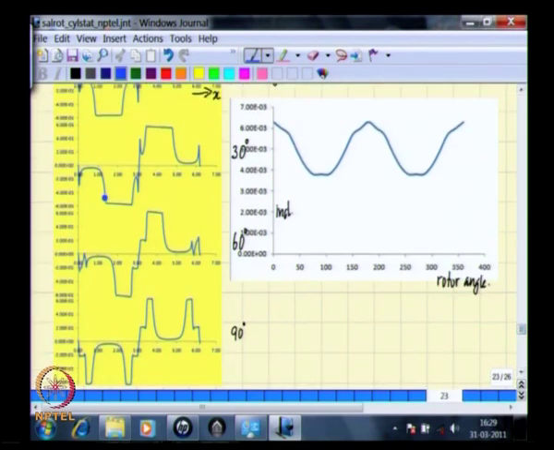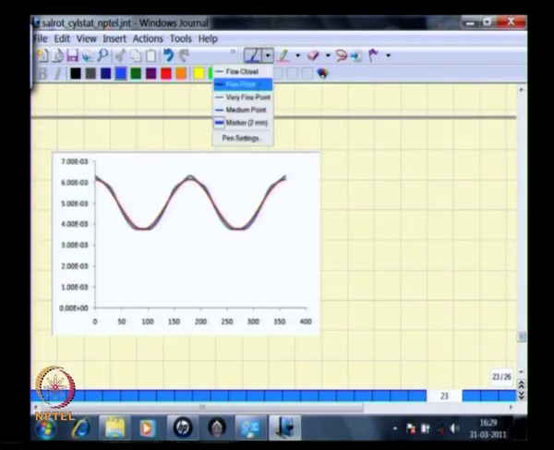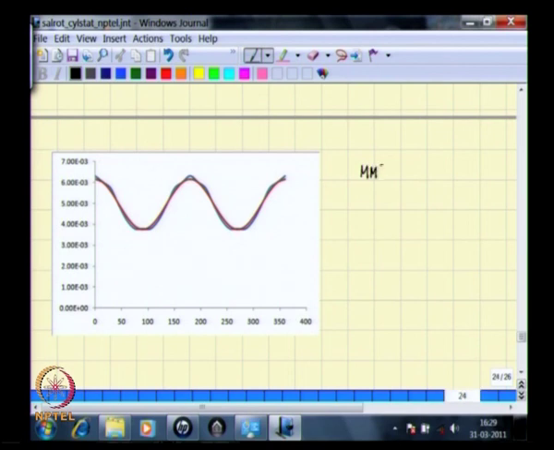Instead of looking at the flux density waveform, we start with the MMF waveform generated by the stator, generated by stator windings. For the inductance expression we derived earlier, we looked at the mutual inductance between the rotor and the stator.